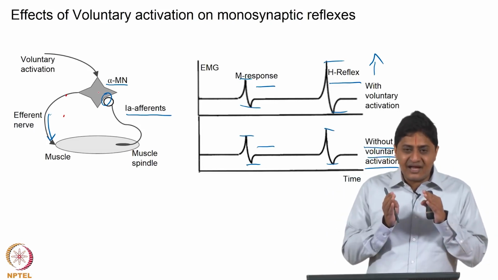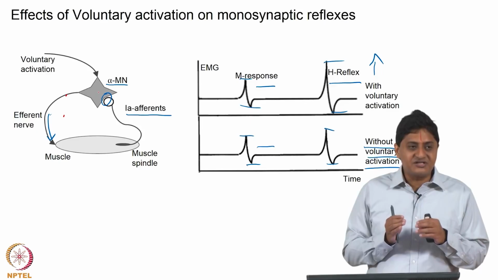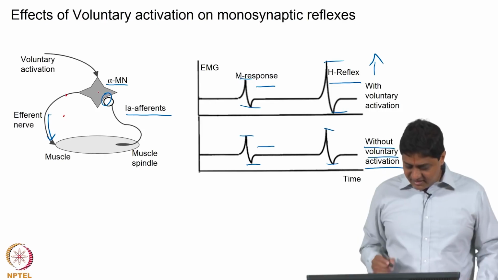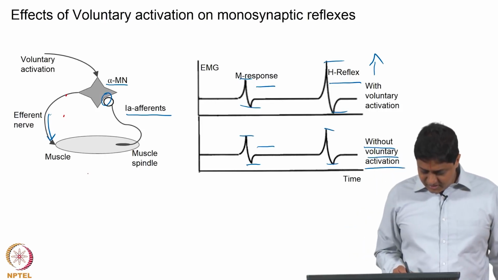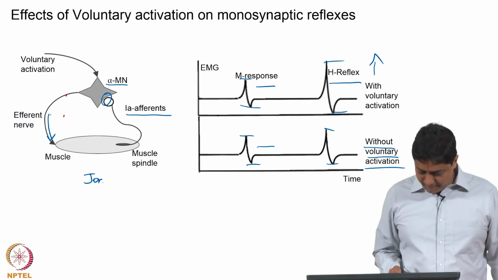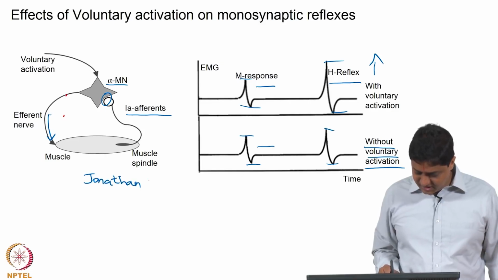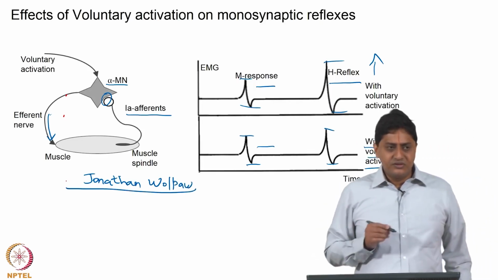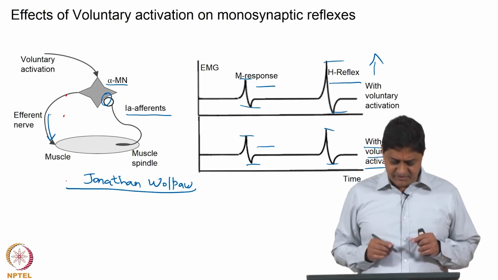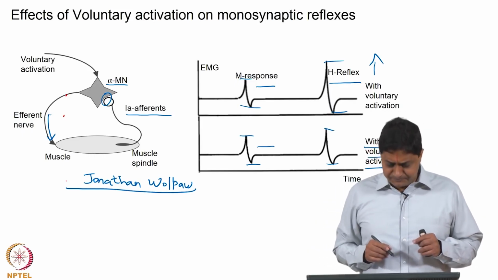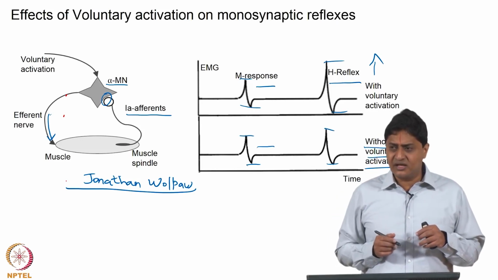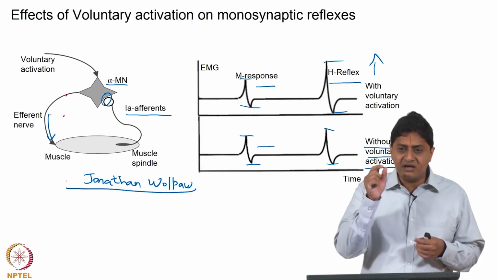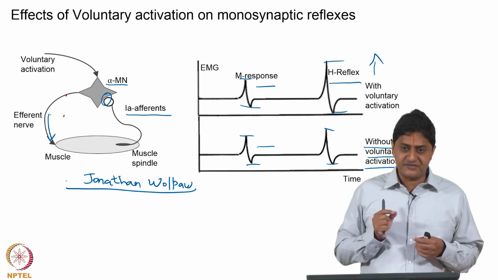The question is, can the amplitude be changed based on training? The answer is yes, but with substantial training. This kind of research is pioneered by Professor Jonathan Wolpaw, and other colleagues. Those who are interested in this topic can check the publications of Professor Jonathan Wolpaw, who has published on how you could change even the response of the monosynaptic reflex.